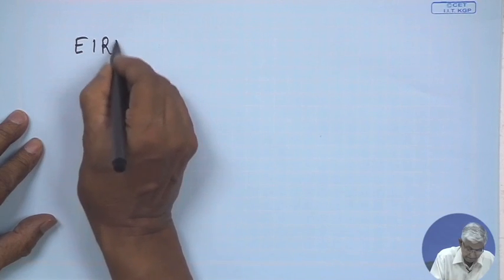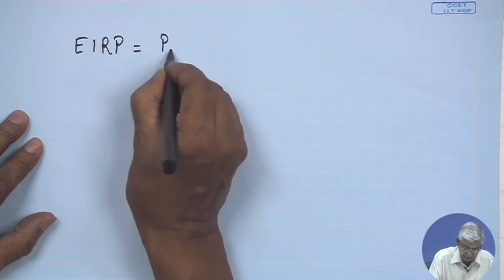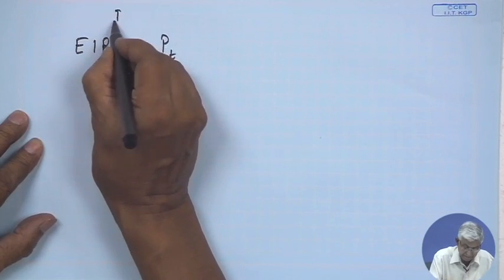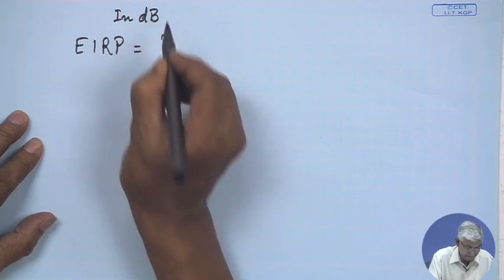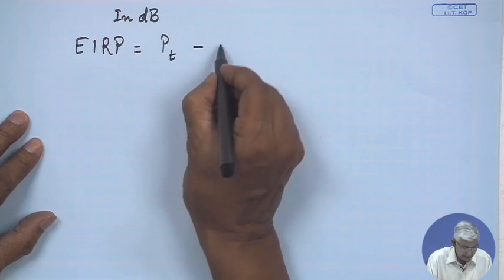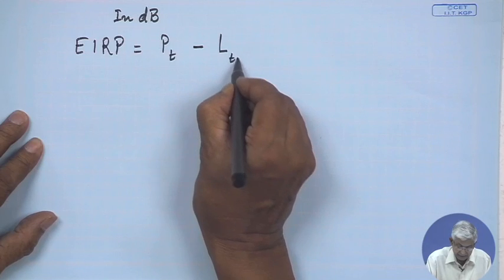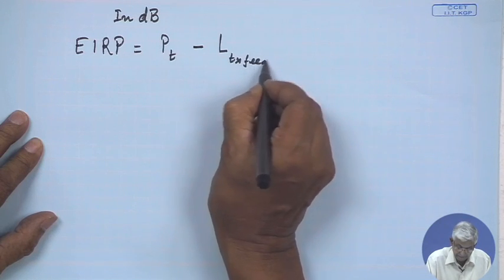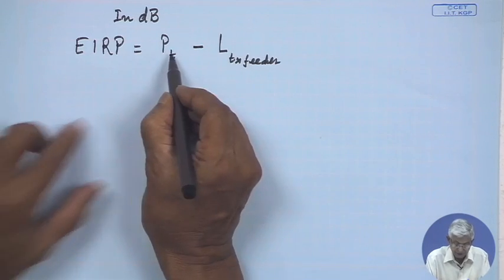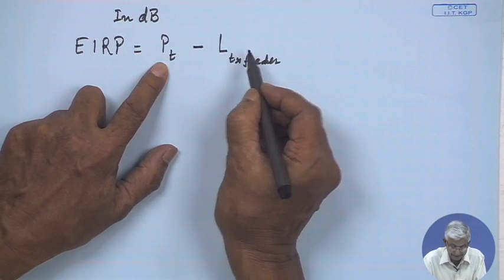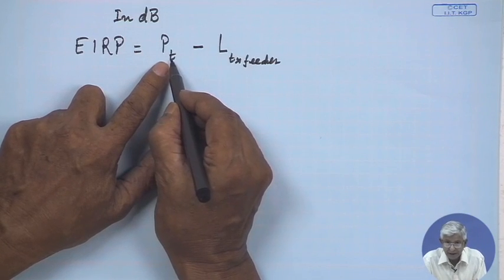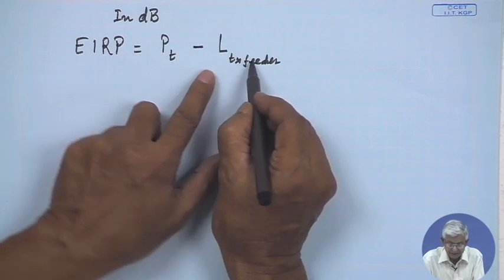What is their content? In EIRP we contain the PT, I write in dB, PT minus the loss at the transmit feeder, that is the actual power which is appearing at the antenna point. PT is the power amplifier output, and there is a feeder loss.